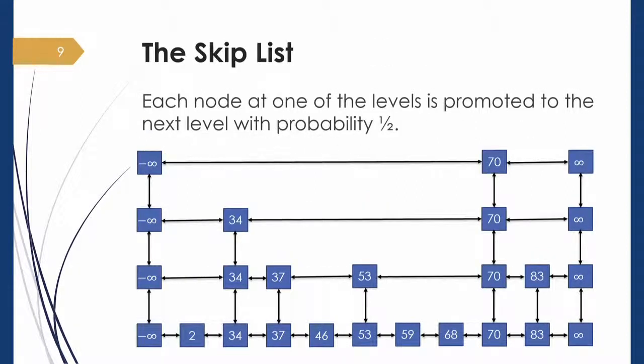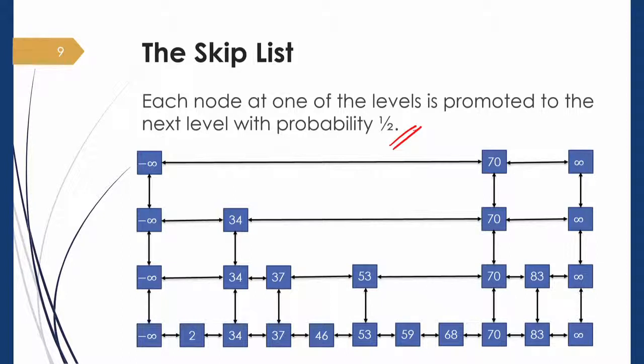The skip list has been designed to have, on expectation, log n levels, but this is not something that is enforced. Rather, it comes implicitly. In a skip list, instead of promoting each item to an upper level with probability 1 over square root of n, we instead promote each item to an upper level with probability 1/2.